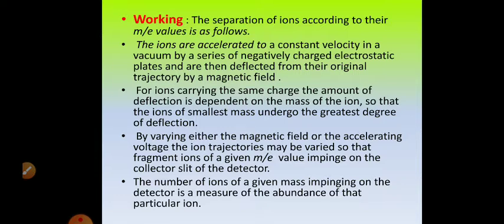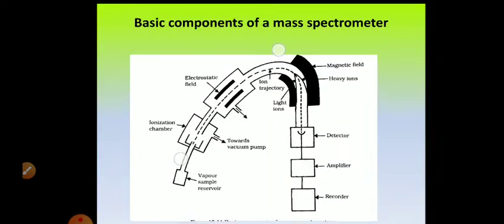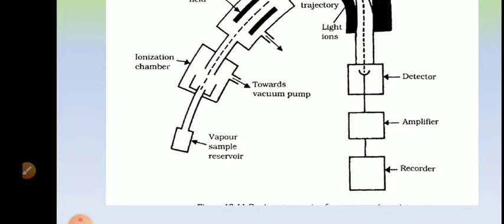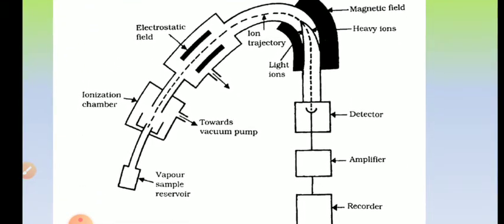This is how the mass spectrometer works, and this is how we measure the stable isotopes. This is an instrument showing the basic components of a mass spectrometer.